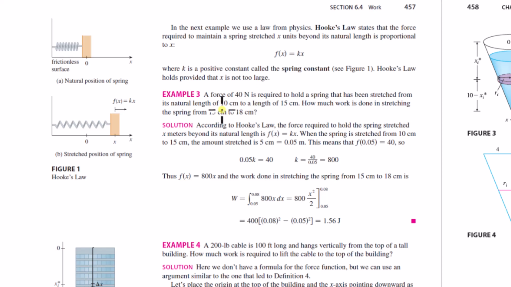So when x is equal to 10, then the force is 0. Say they get the spring constant k is equal to 800.